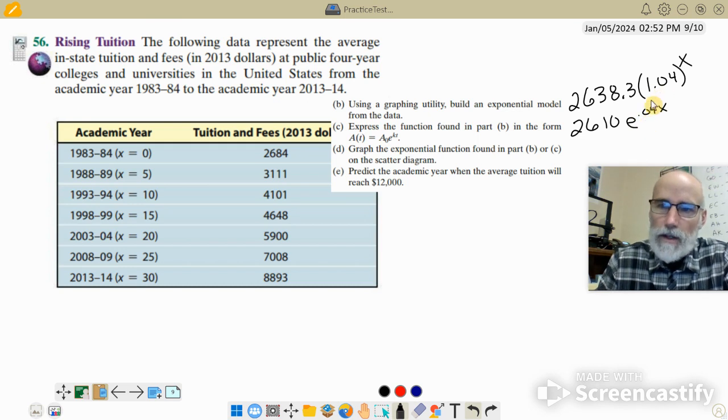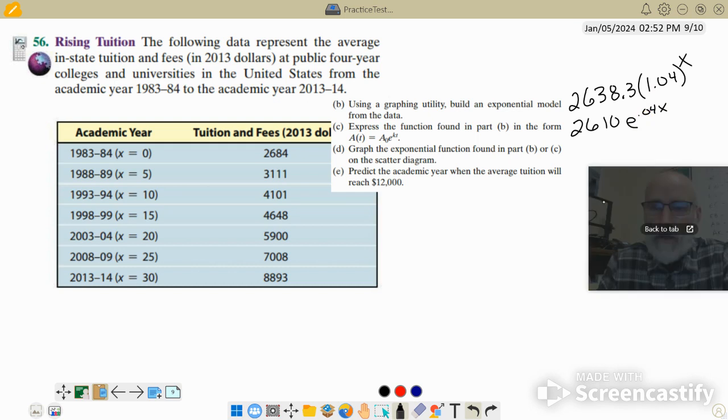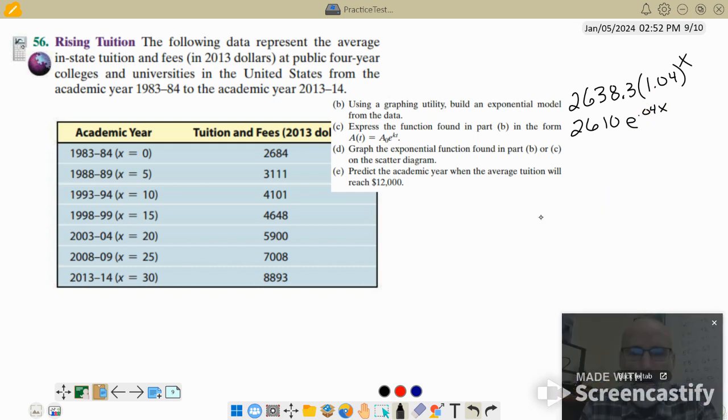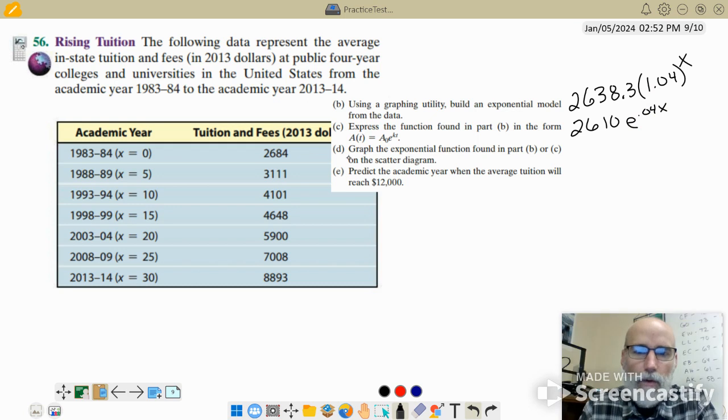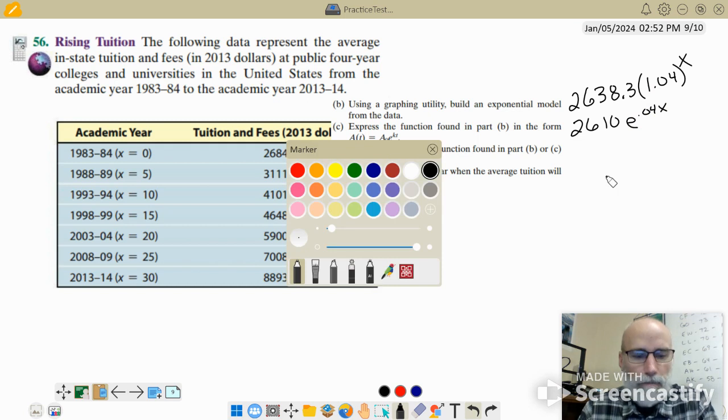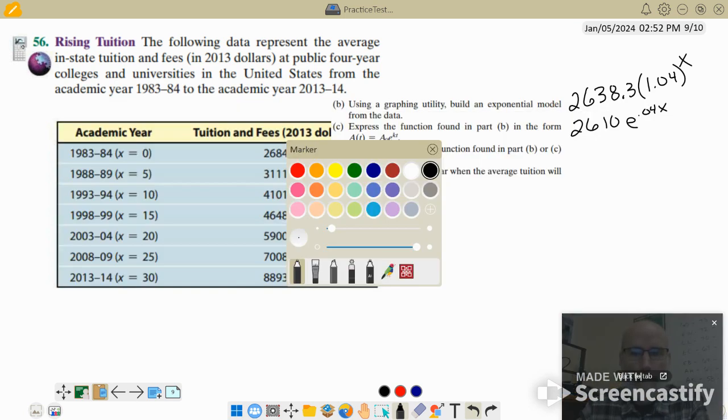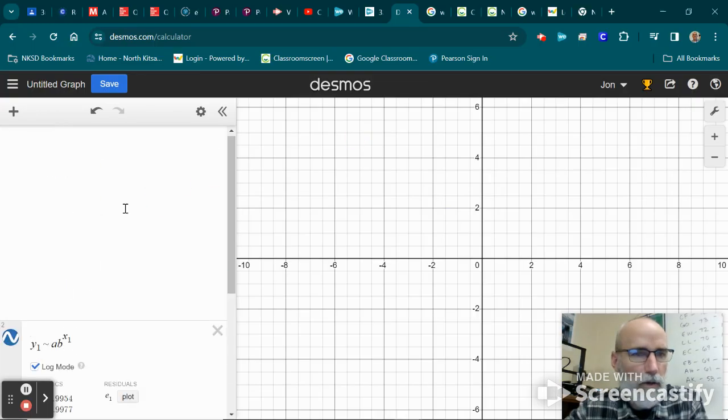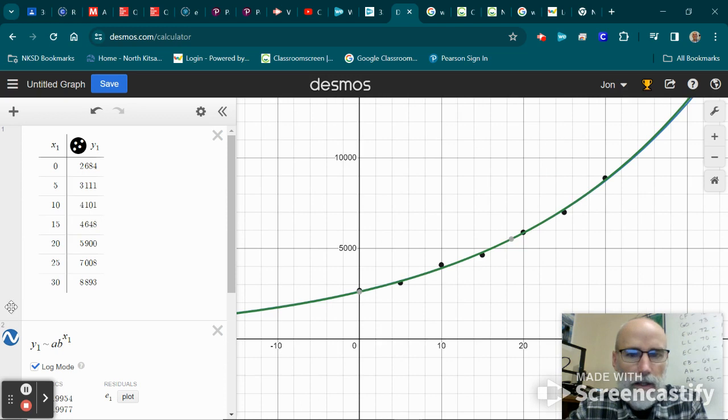Hey, look at that. It's kind of interesting, right? Maybe study that a little bit. Kind of fascinating. Graph the exponential function found in part B or C on a scatter diagram. I don't really know that I'm going to have you do that on the test, but let's take a look. What does it look like? If I go up here, remember, I can hit that little magnifying glass and it shows you, boom, there it is, right?